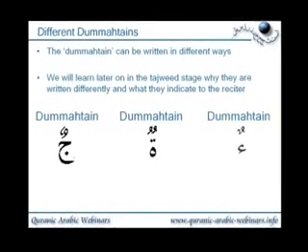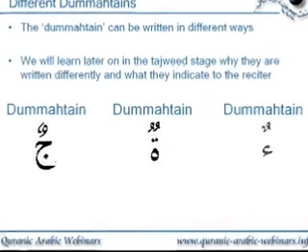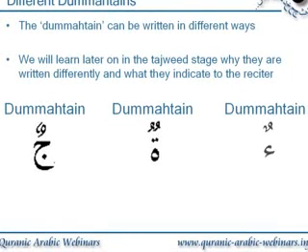For now, what we need to know is just that these three symbols, or these three different ways, can be used to indicate dhammatain. The first one is a little dhamma and it has a hook on it, and you'll see this in some scripts. You see it a lot on the computer, like we've got it on the slides, because generally the computer fonts show it in that way.